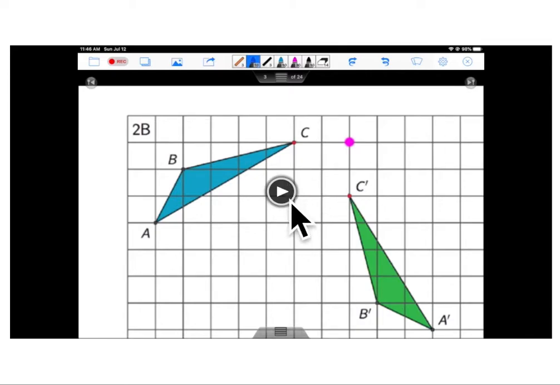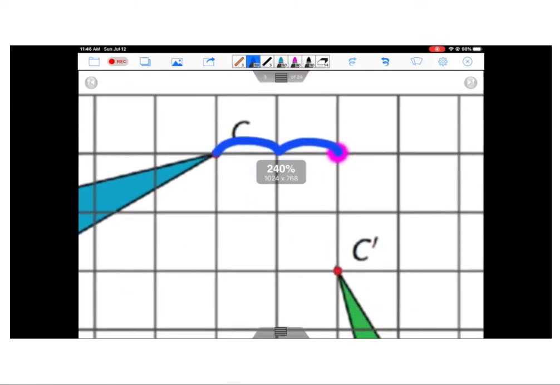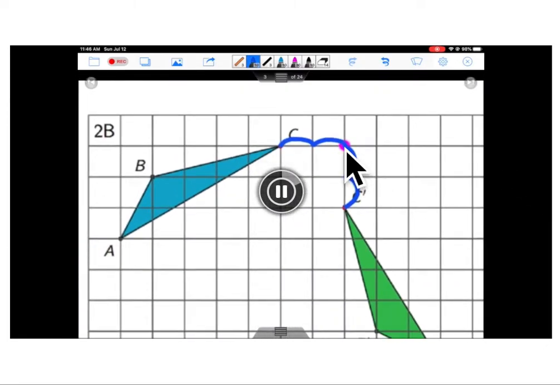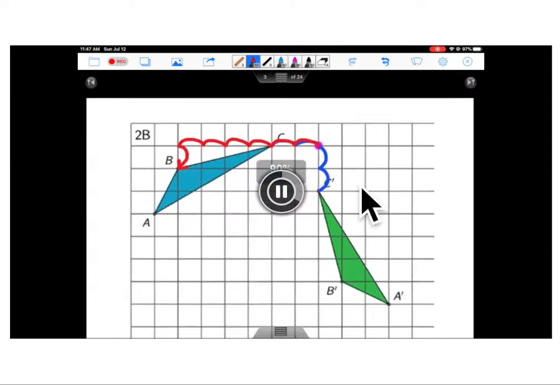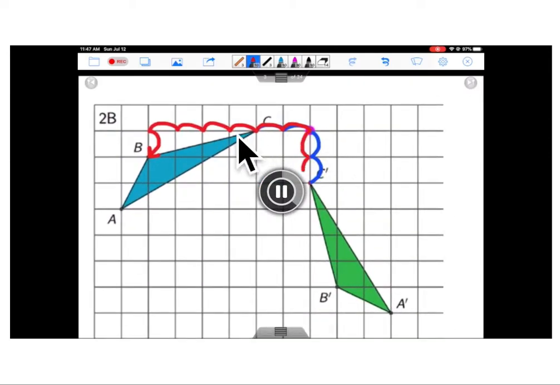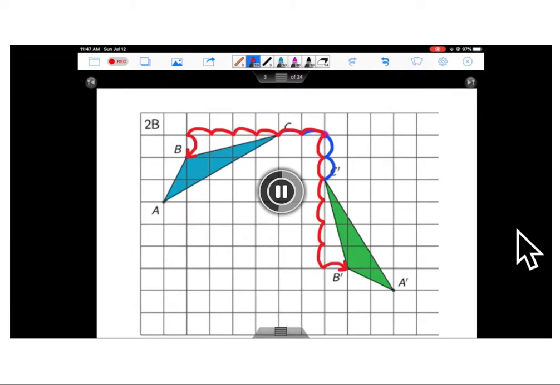All right, so let's watch a little video here. And you can check that by using this counting strategy. So if C is 2 units along the axis in this direction, and B is 1, 2, 3, 4, 5, 6, and then 1 unit in the direction of rotation.